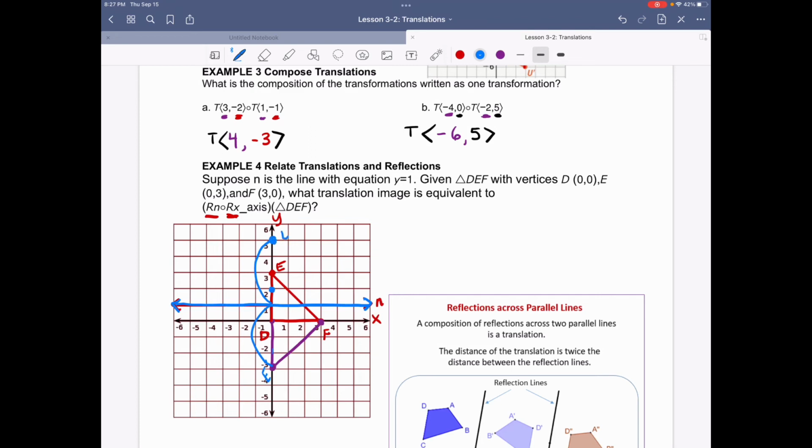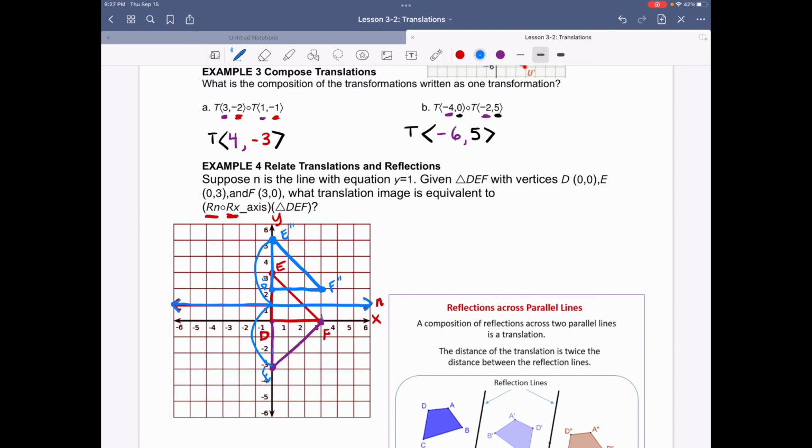That's going to be E double prime. And this was D double prime. The F was just 1 away, so it's going to be right here at F double prime. And we get this triangle.